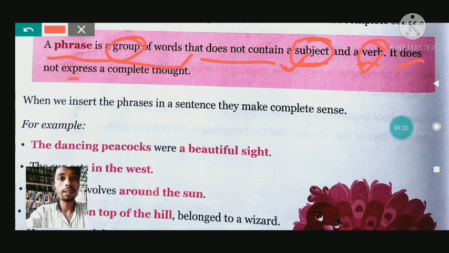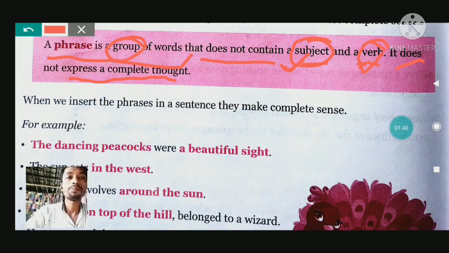It does not express a complete thought. Does not express a complete thought means that group of words, that phrase, will have no complete sense. So we got here a phrase.